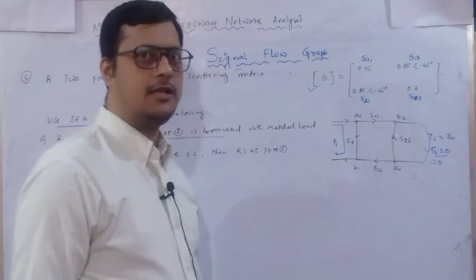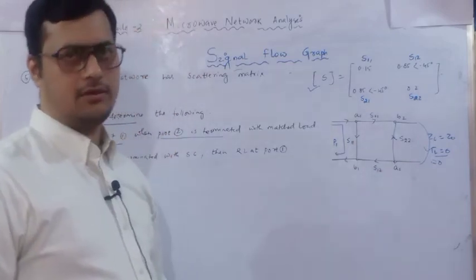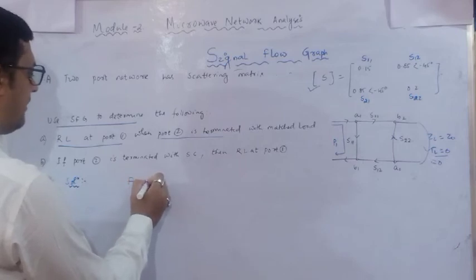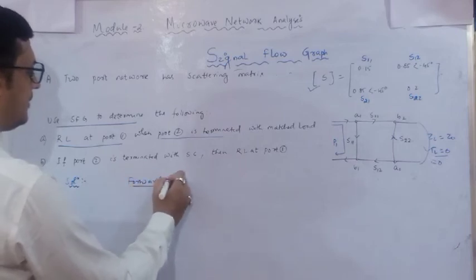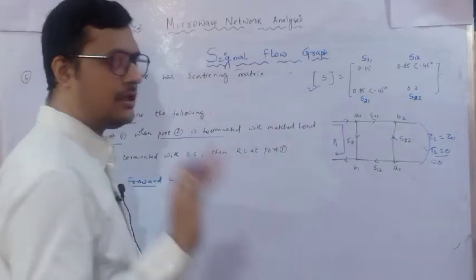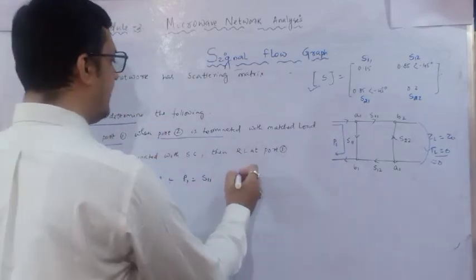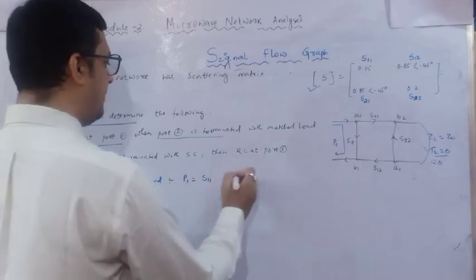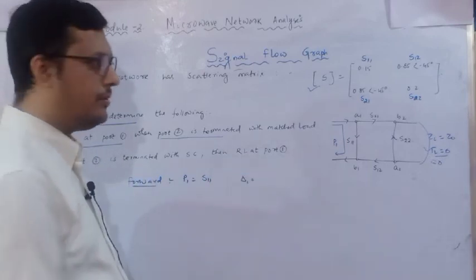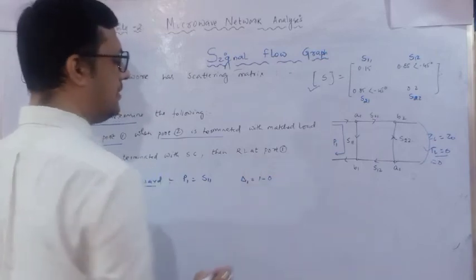So if you consider that 0, the total path gain is 0. So the only forward path we have at port 1 is P1, that is only S11. There is no second path. So del 1 is equal to how much? There is no loop, so it is 1 minus 0.